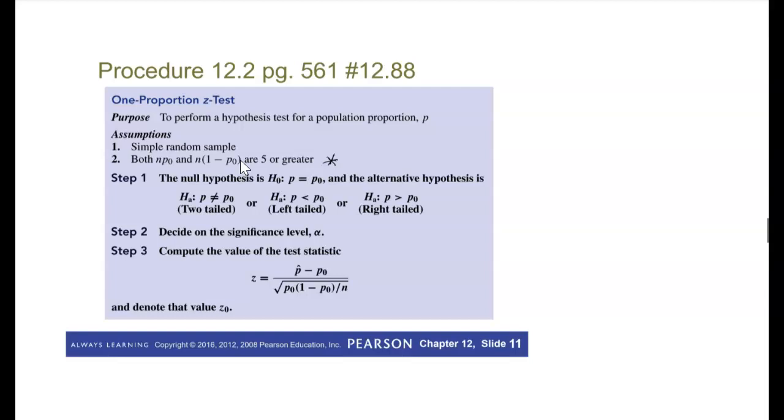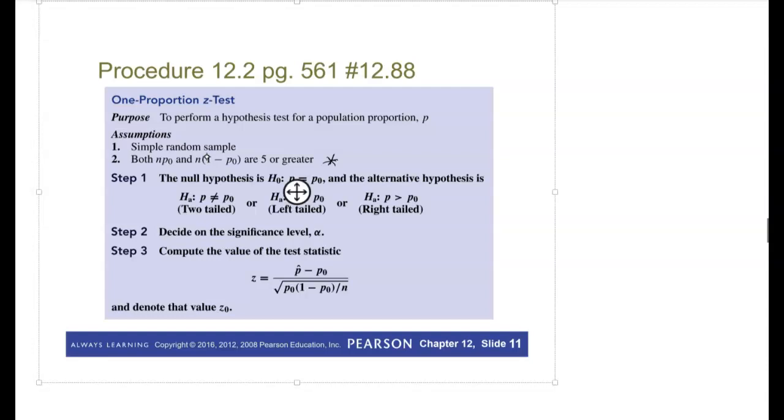So you have to have at least 5 data values in either that attribute you're looking for or at least 5 data values not in that attribute you're looking for. And for most of the problems we're going to do, we can hold these assumptions true. But you might come across one in your math lab where that n times p sub o was not 5.